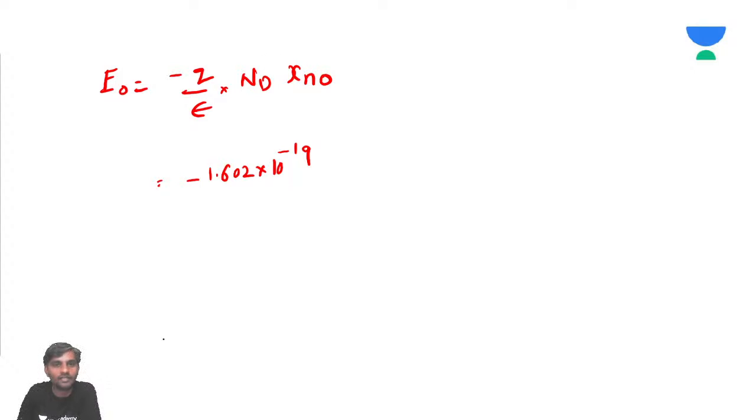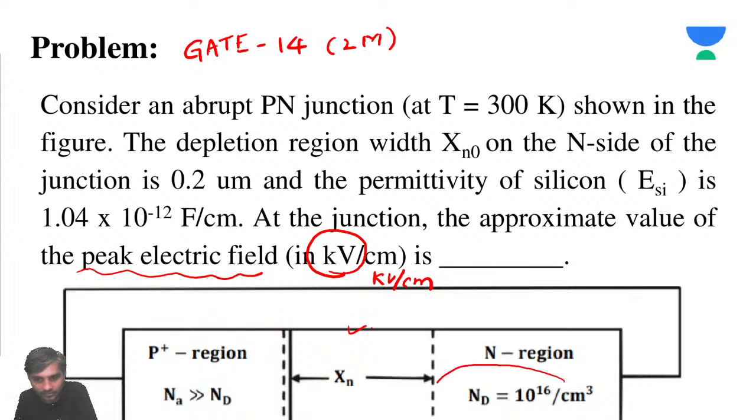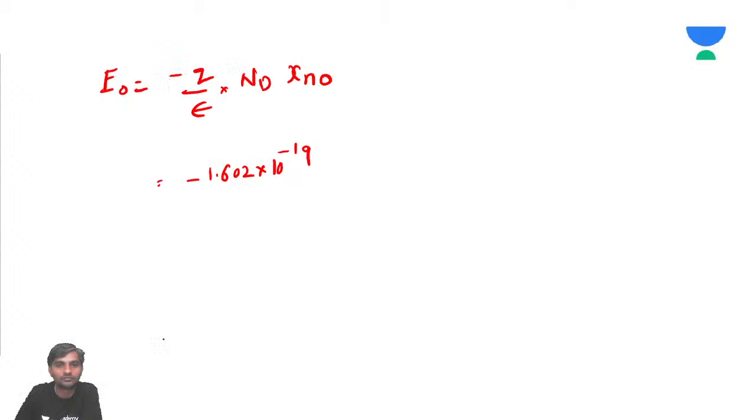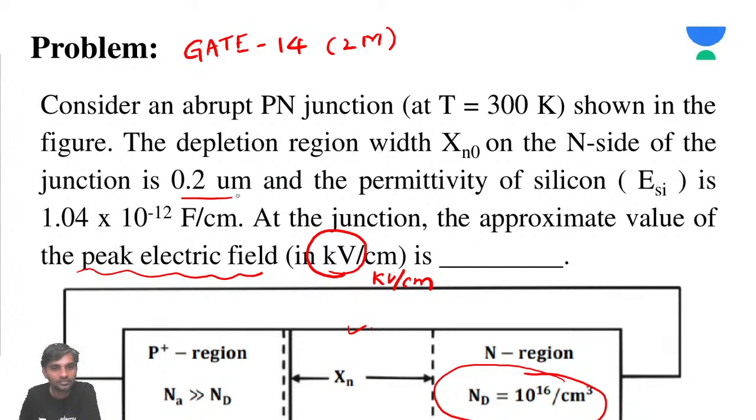ND value, did you mention the ND value? Yes, he mentioned it in the problem here. So ND is going to be 10 to the power of 16. Xn naught, did he mention Xn naught? 0.2 micrometers.